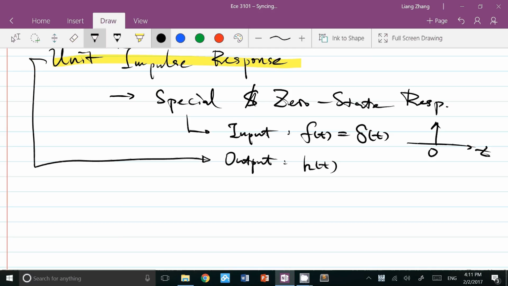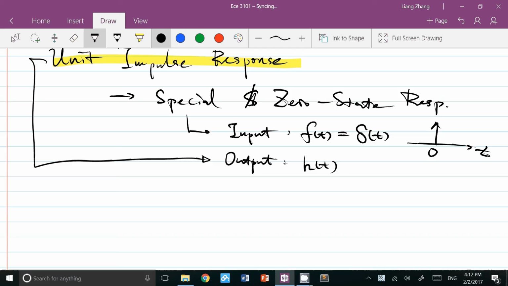Later in the semester, especially in chapter 6, we're going to learn a mathematical tool called the Laplace transform, which will be a much easier way to obtain h of t. But at this point, let's do the mathematical procedure we're going to discuss next.